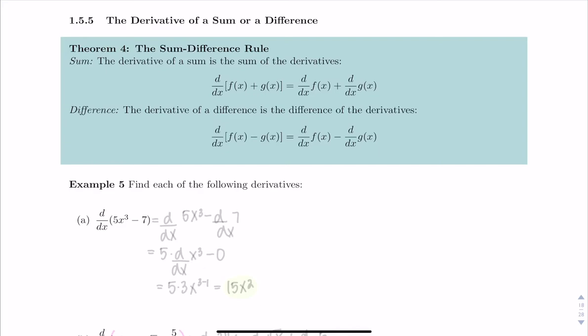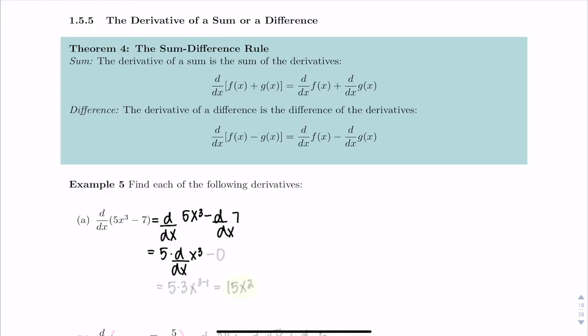The derivative of 5x cubed minus 7. So we're going to find the derivative with respect to x of 5x cubed minus the derivative with respect to x of 7. Well, that's going to be 5 times the derivative of x cubed.